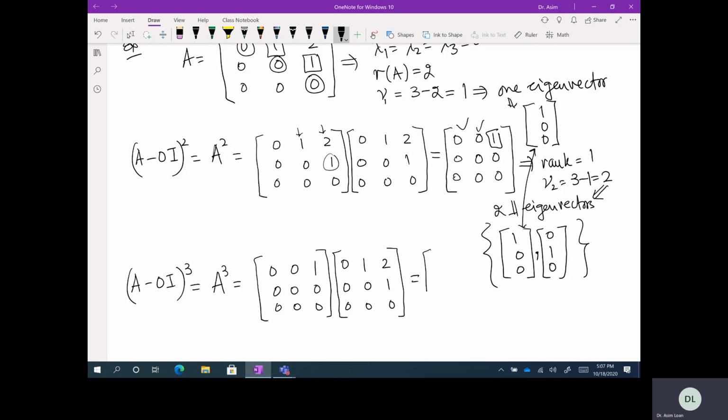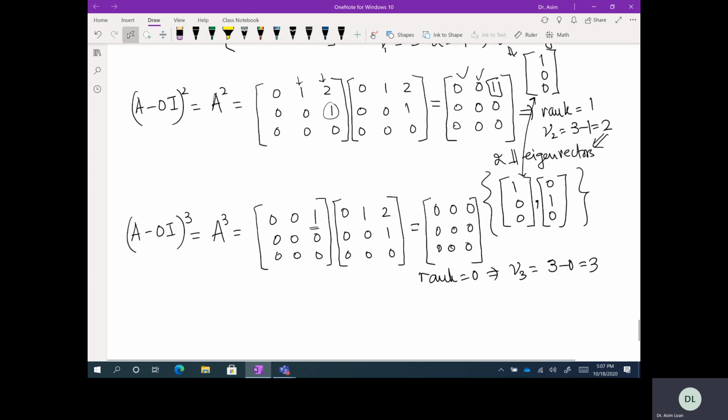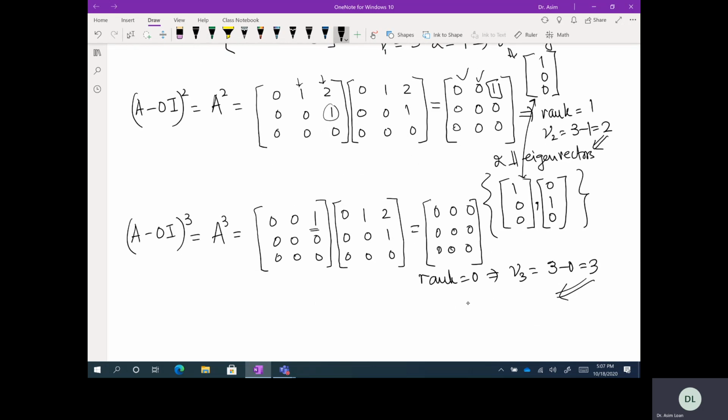And this is a matrix of zeros. Why? Because I'm putting the third row, which is zeros, and there is no contribution. So rank here is 0. This implies the nullity is 3 minus 0, which is equal to 3. So this implies 3 independent eigenvectors.